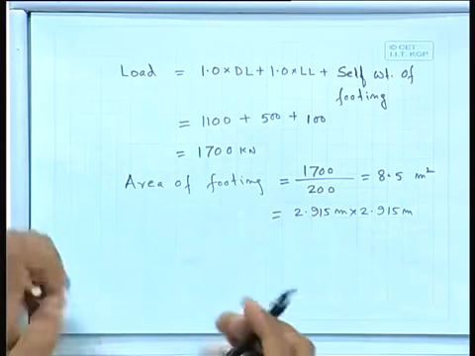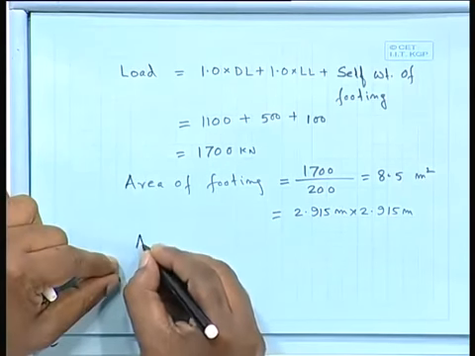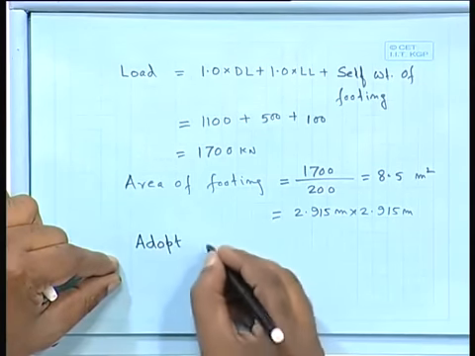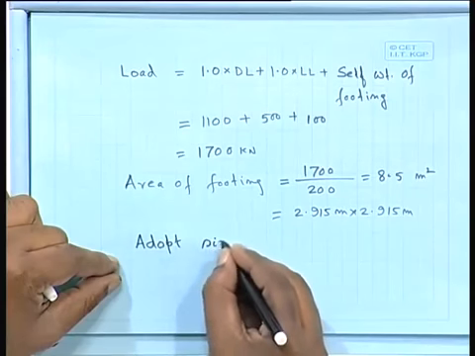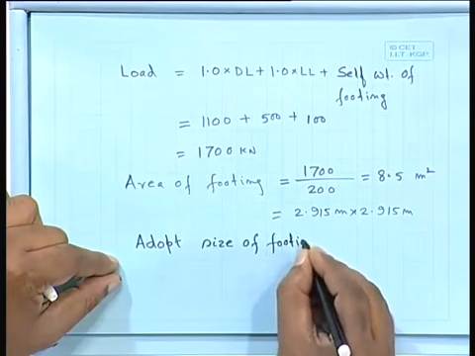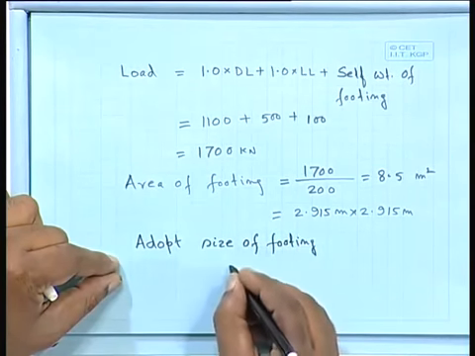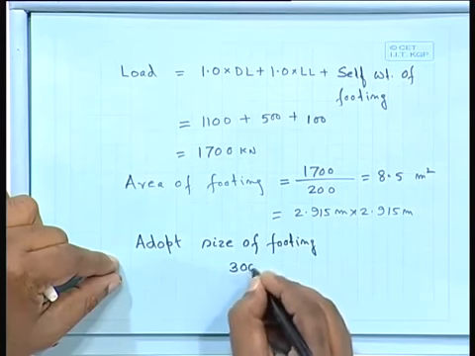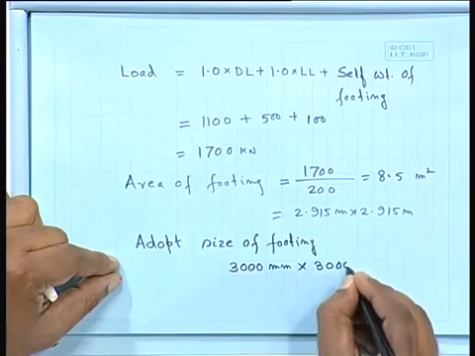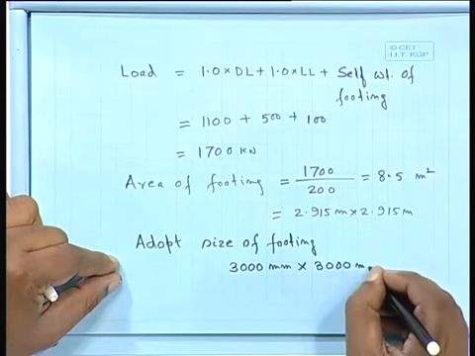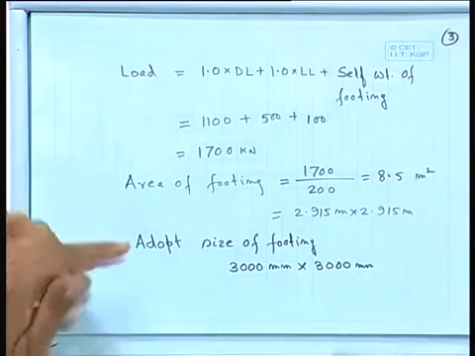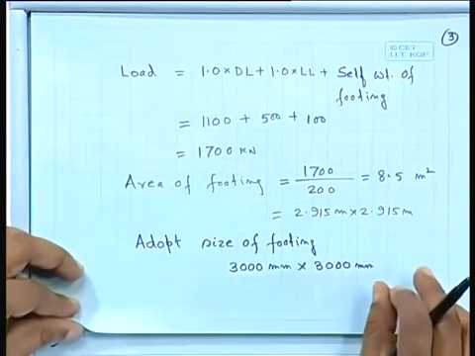So we can find out, let us provide size of footing, say 3 meter or 3000 millimeter times 3000 millimeter. So we shall take a square footing of 3 meter by 3 meter.